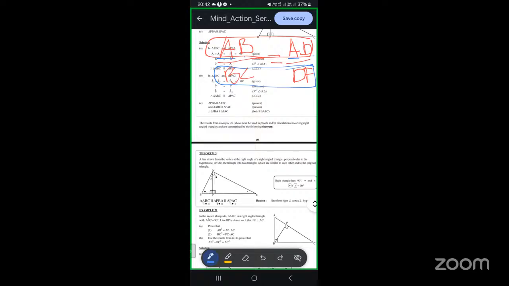Okay, let's go to the denominator. We've got B, C, D, F. We've got 4 letters. Okay, now we can go for the numerator and denominator to check if they can give us the triangles. Let's check now the left-hand side and the right-hand side if they can give us a triangle.